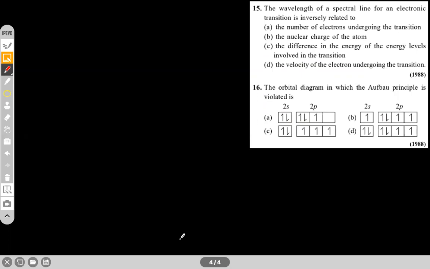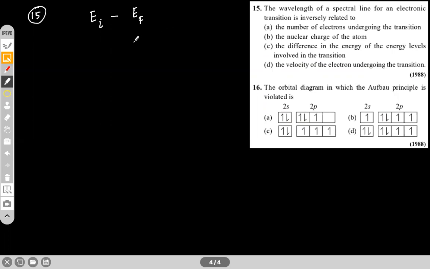We can approach this question this way. When an electronic transition is there, the electron moves from an orbit which has some energy to another orbit which also has some energy. Electronic transition like this, initial and final.